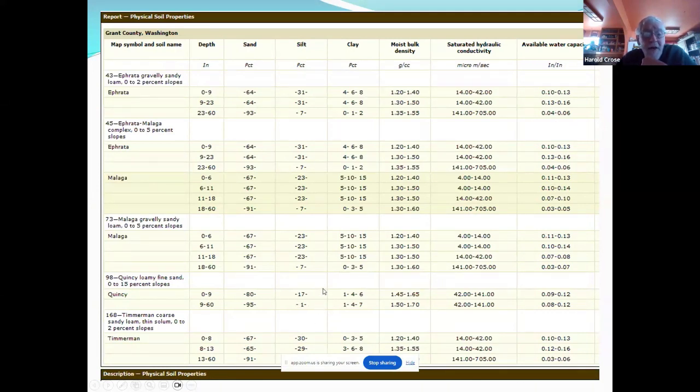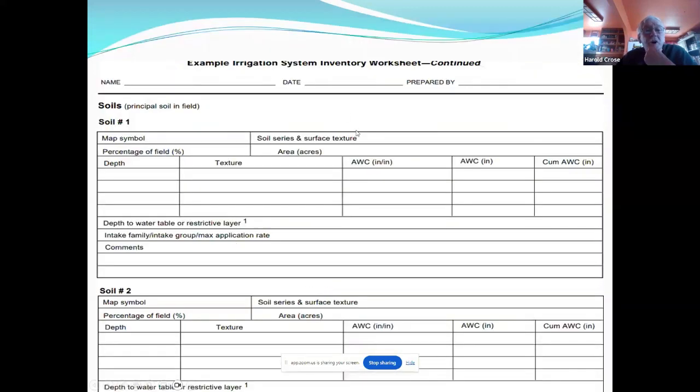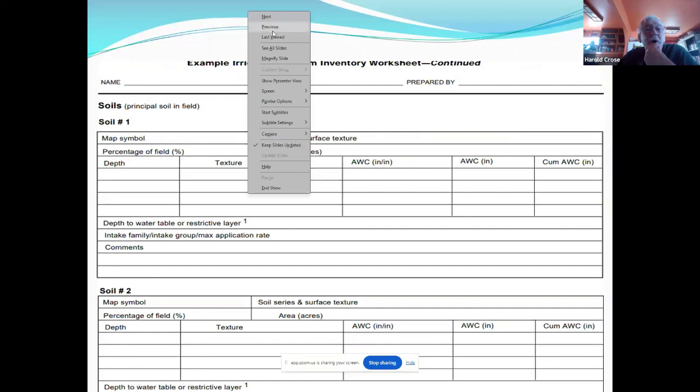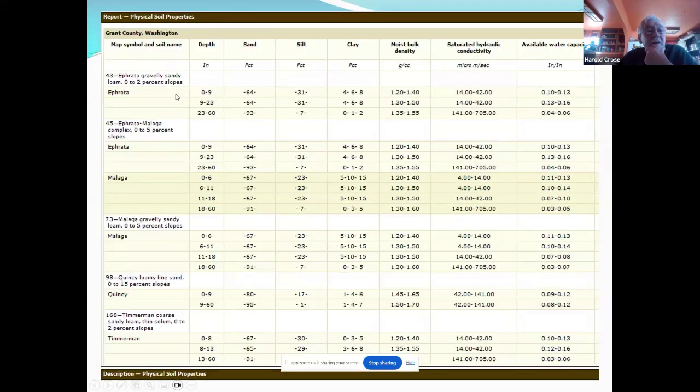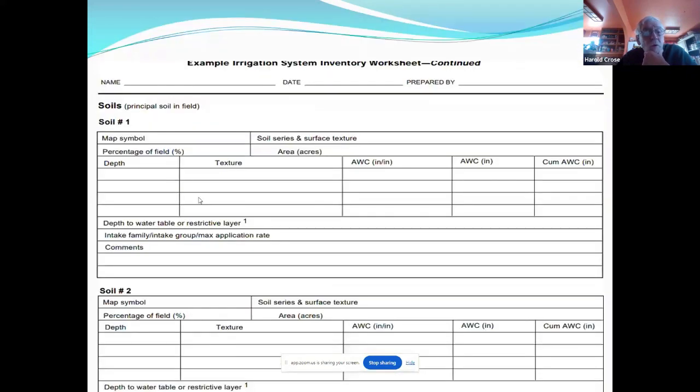And then you can plot that out on a chart like this. You can take the soil depth for a soil series, soil number 1, number 2, number 3, however many soils you have, and you go back to the previous slide. You'd pick every one of these soils out. You determine how many acres there are in each one of these soils in the field, and that way you can begin to see what you're going to use for your primary soil.